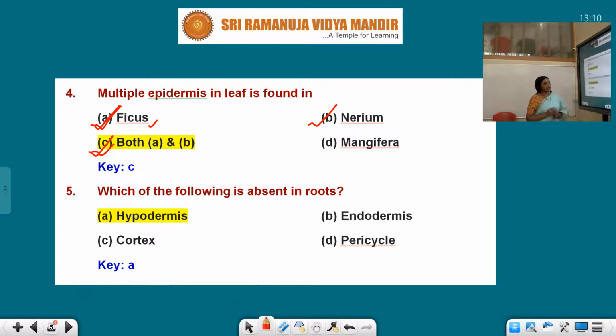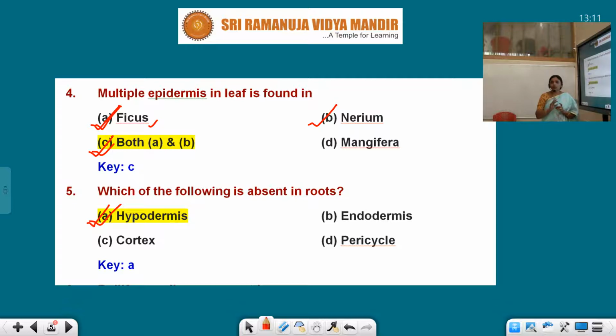Now the fifth question. Which of the following is absent in root? In root we do not find hypodermis. If you cut the transverse section of the root, the first layer is epidermis, below it the cortex, then inner to the cortex the endodermis, next comes the pericycle, then the stelar part, and in the middle portion the pith. But hypodermis is not present.